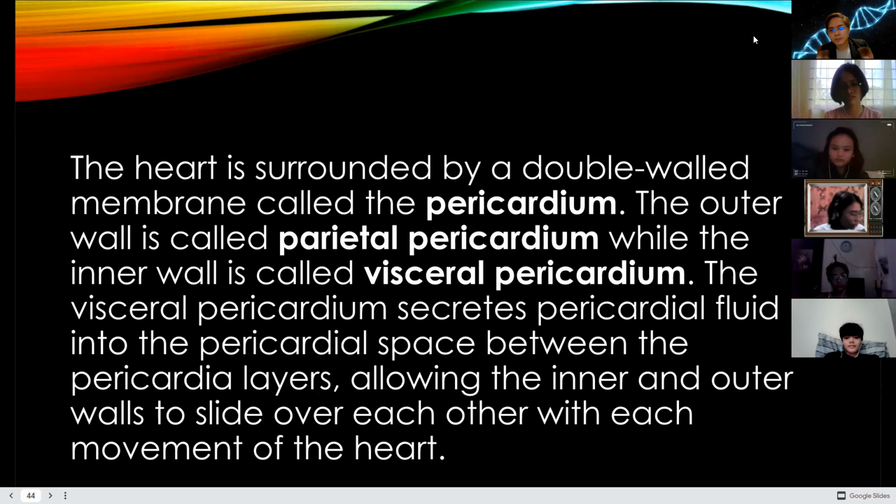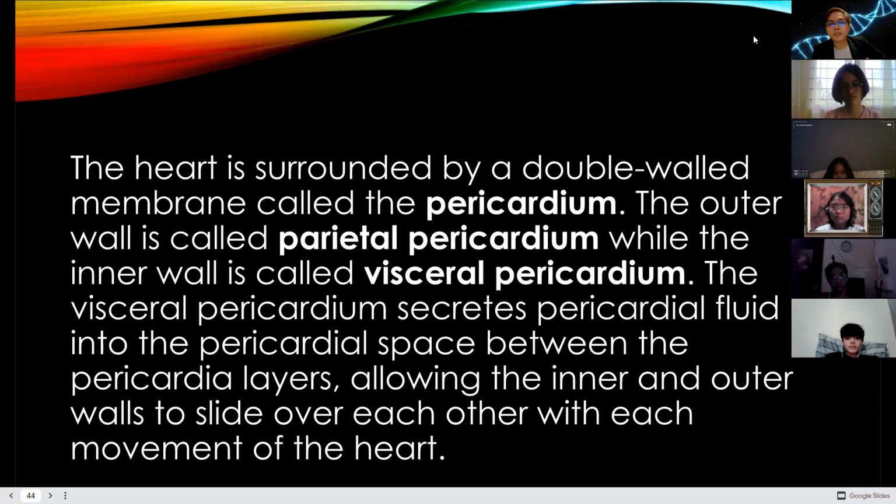That's how hard your heart is. The visceral pericardium secretes pericardial fluid into the pericardial space between the pericardial layers. There is a layer in between.